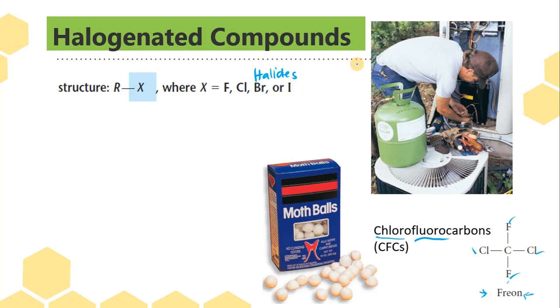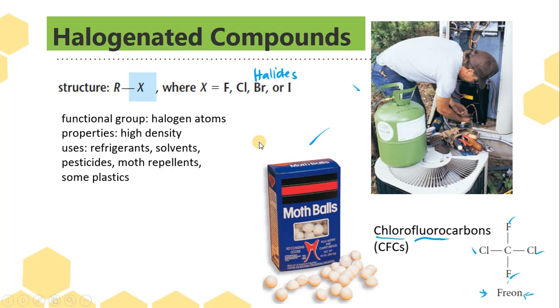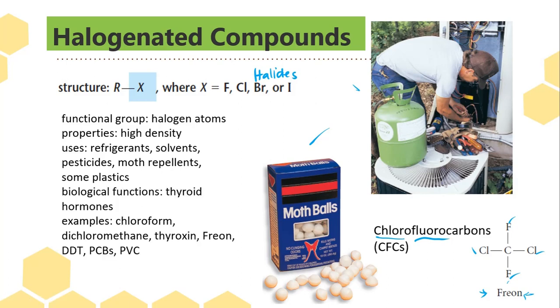Then we also have mothballs, another kind of substance that we will learn about. Some of these, like freon, are found in refrigerants. The functional group of the halogenated compounds is the halogen atoms.